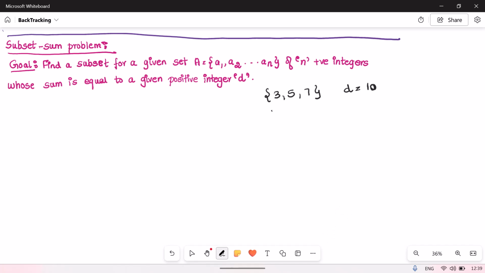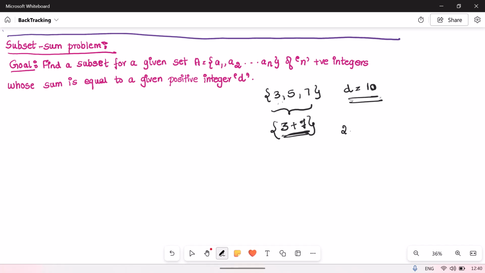You will have to find the subsets among these which will give you this result. How can you get D equal to 10 from these three elements? Possibility: adding 3 plus 7. Correct? This is the result you are expected to get out of this problem.